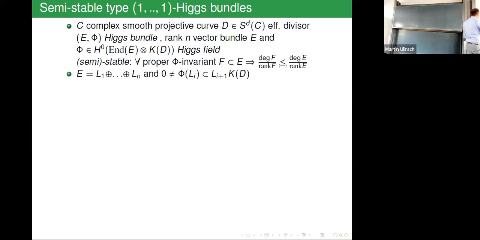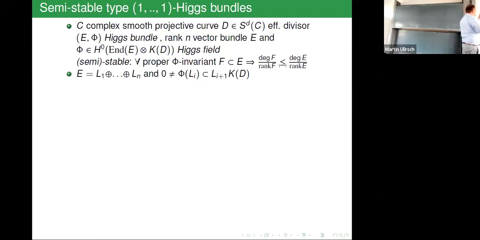Then you look at a very special class that turns out to be a very important class of Higgs bundles, ones which split as a direct sum of line bundles, and additionally the Higgs field is not just, I guess, lower triangular, upper triangular, I'm not sure, but it only goes along above the main diagonal.